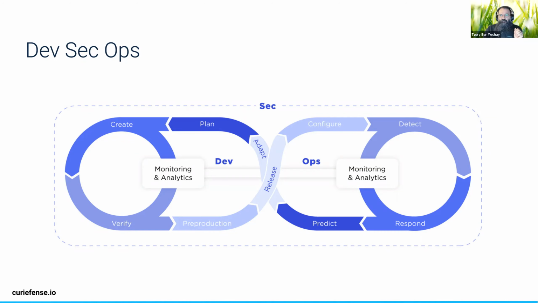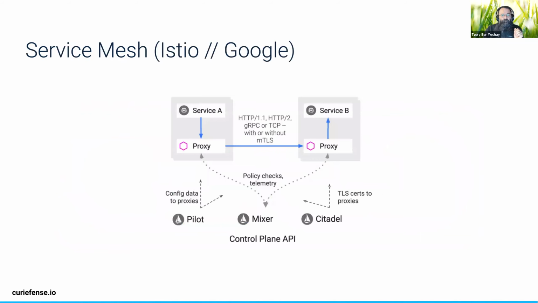So today what I'd like to do is talk about one of the ways organizations have chosen to deploy infrastructure in the cloud, and that one also goes by the name of Service Mesh. Service Mesh is all over the place. I think the most popular one is Istio, an open source project started by Google.